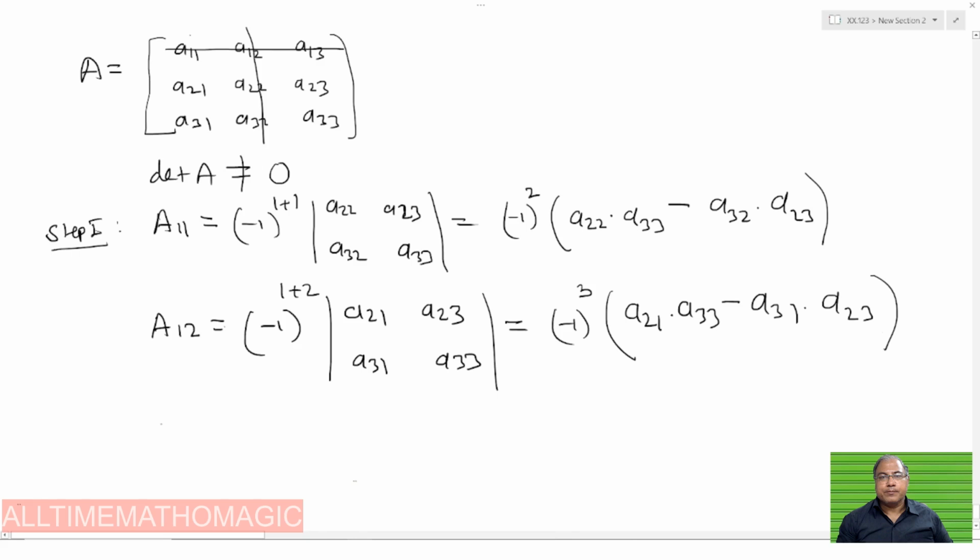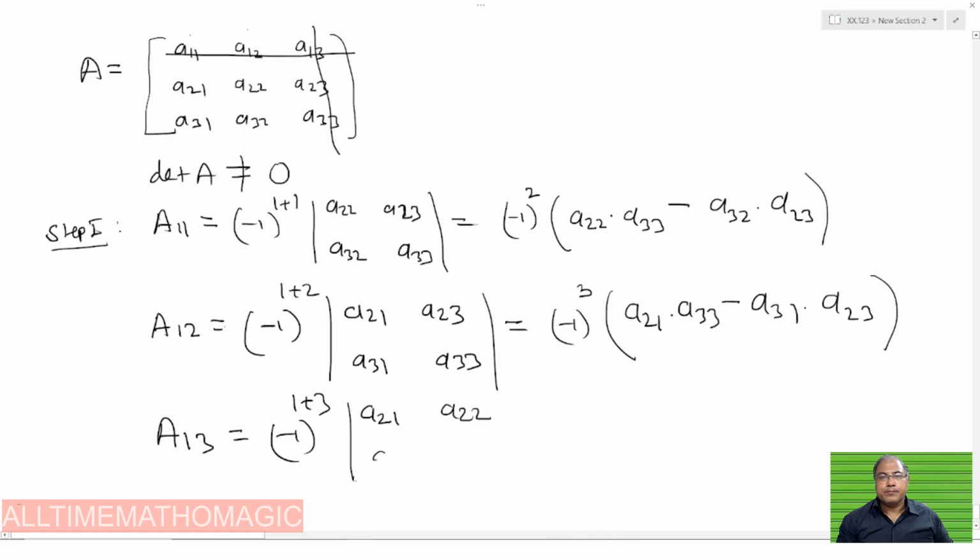After that, we find the cofactor A13, that is minus 1 raised to 1 plus 3. What are the numbers here? 1 and 3. So delete the first row and the third column. Then what do you see here? You see A21, A22, A31 and A32.